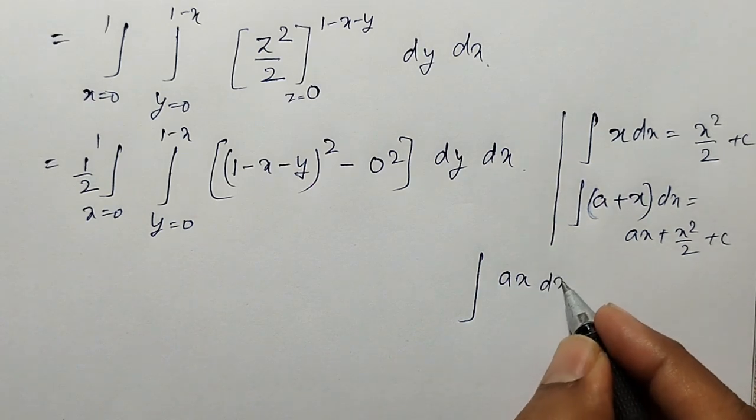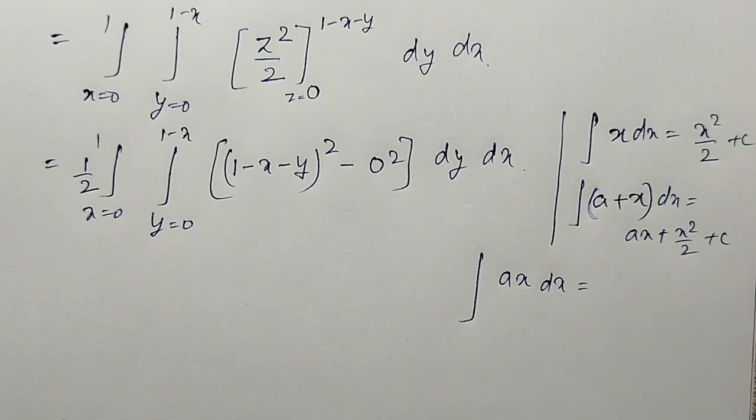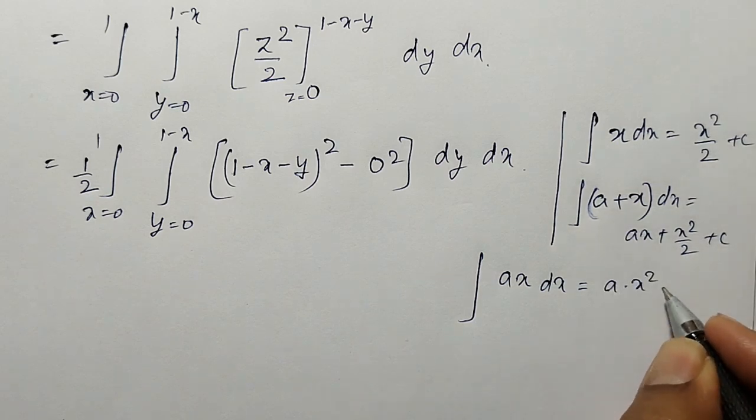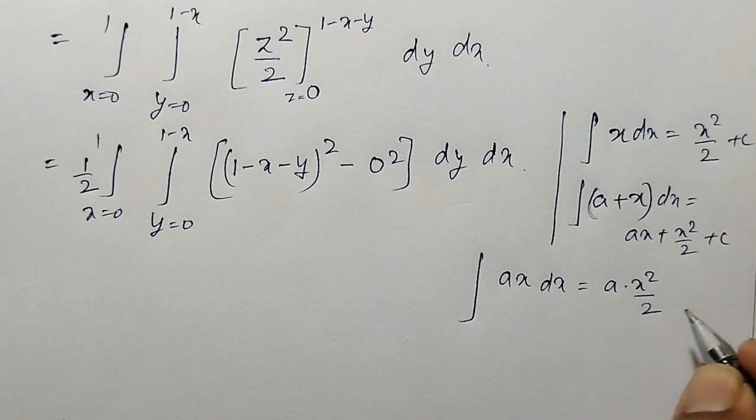Integration of ax dx is nothing but a into x square divided by 2, a is constant, x square by 2 plus c, some constant c we know.